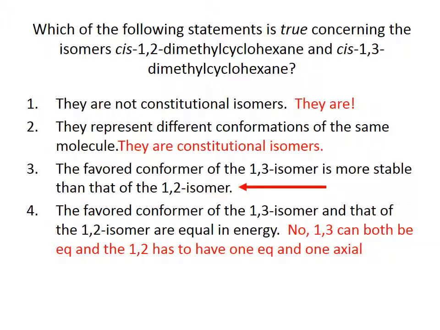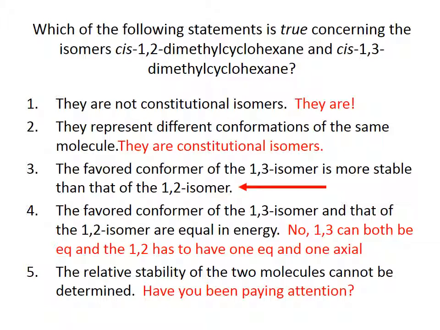The 1,3 isomer and that of the 1,2 isomer are equal in energy? No, because 1,3 can have both of them equatorial, and 1,2 has to have at least one axial, or one equatorial and one axial. And the relative stability of the two molecules cannot be determined.